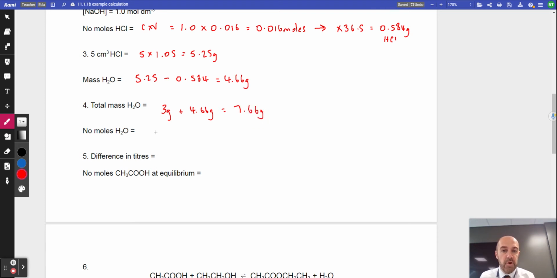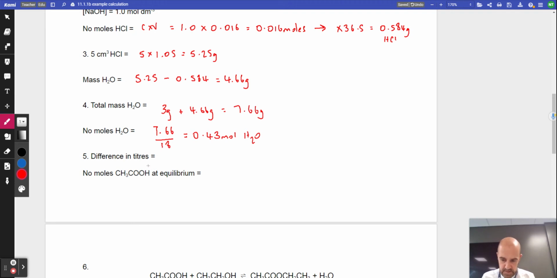To work out the number of moles of water, I'm then going to do 7.66 divided by 18, which is the relative mass. That tells me that I've got 0.43 moles of H2O in my mixture to start with.